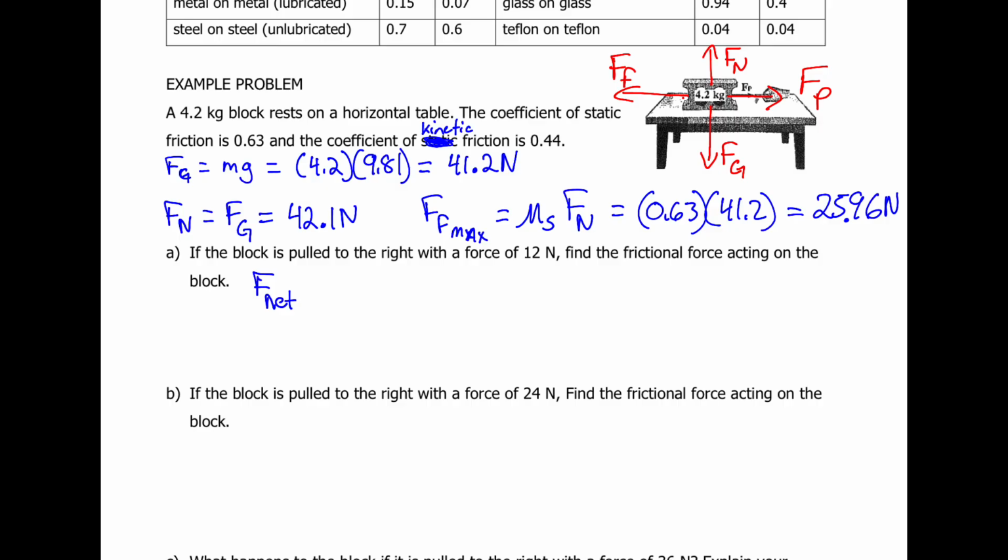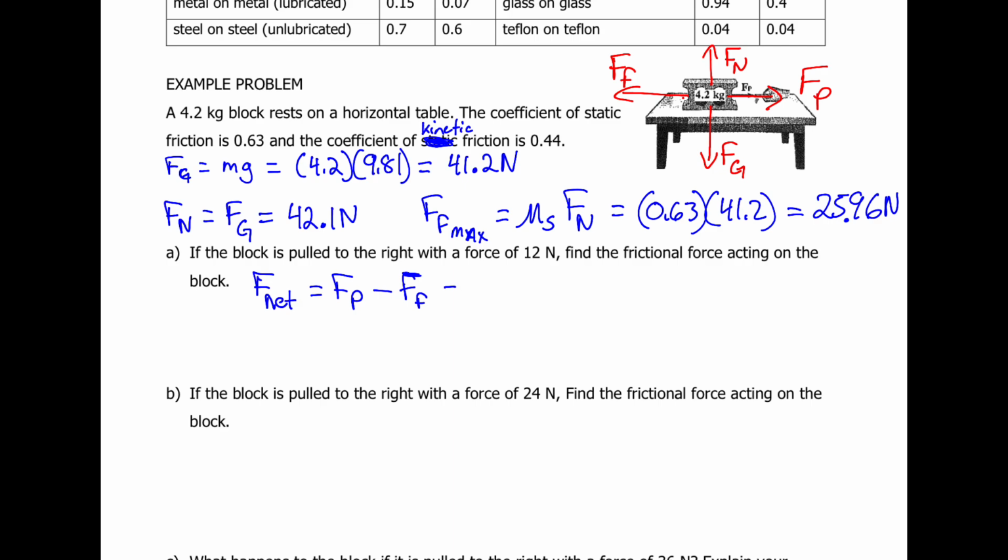Friction force is in the horizontal plane, so left and right. So we're going to write all the things acting in that left and right direction. We have the pulling force acting to the right, and we have the friction force to the left.